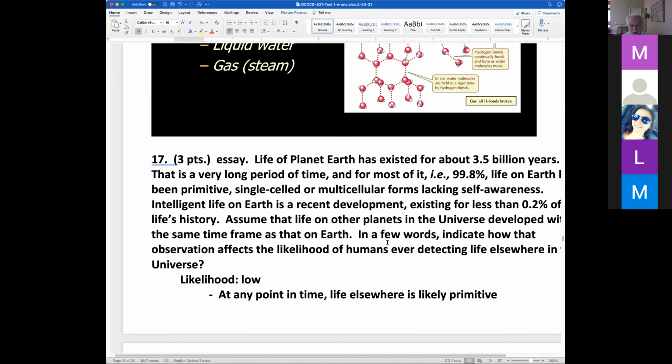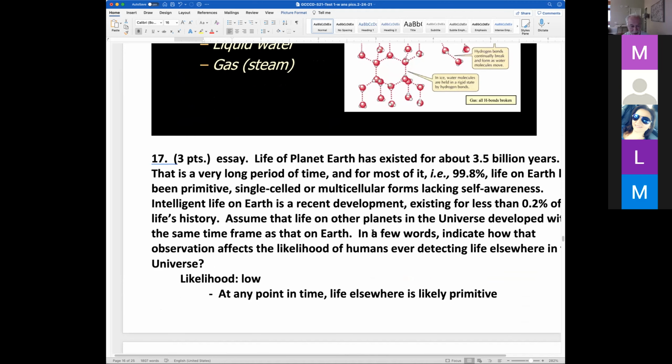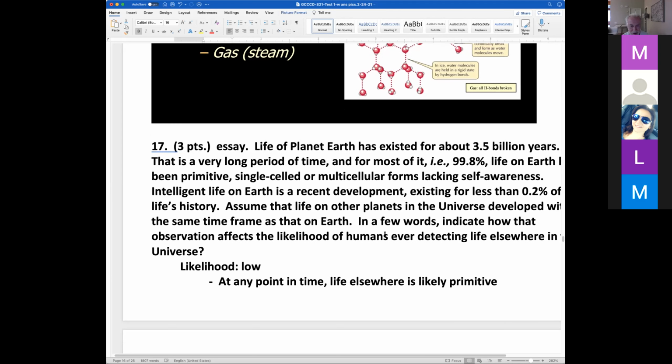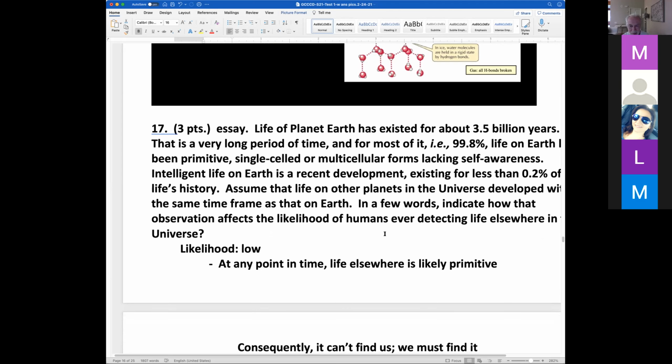Right, then this is an essay question. I wanted you to think about the discussions we've had about life elsewhere in the universe. What I pointed out in asking the question is that intelligent life on Earth is less than 0.2% of life's history on Earth.